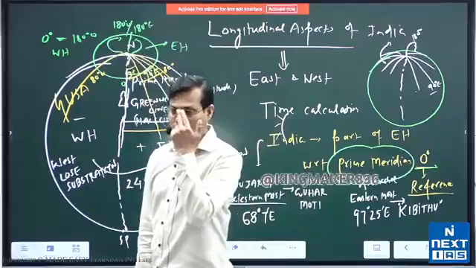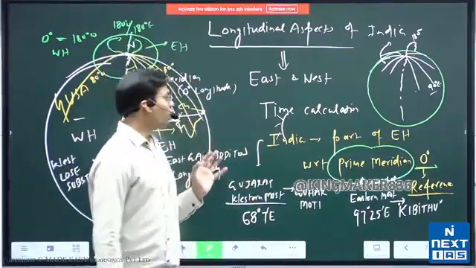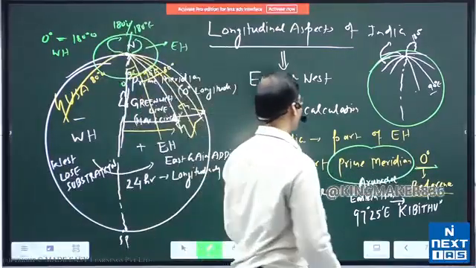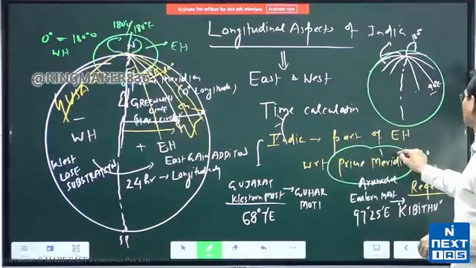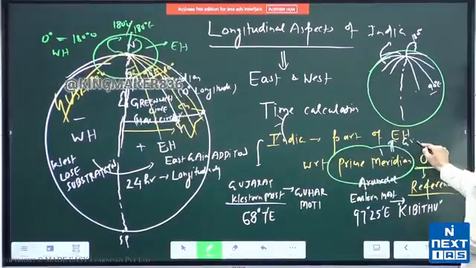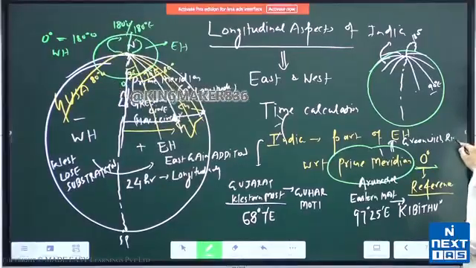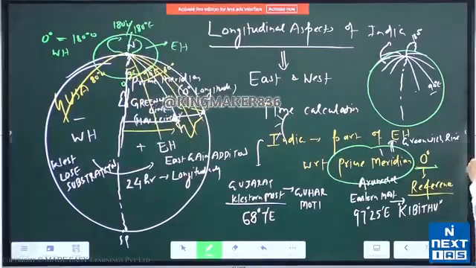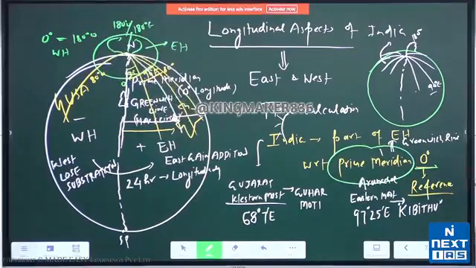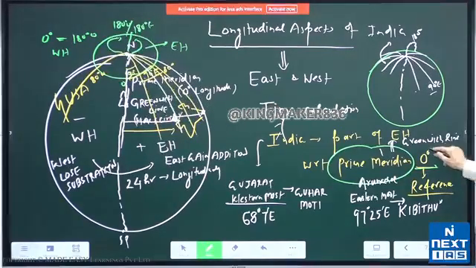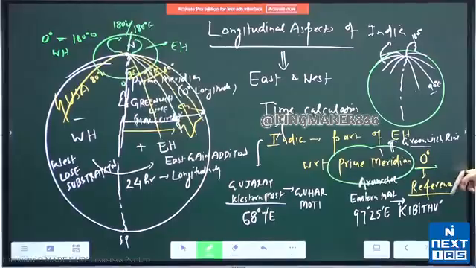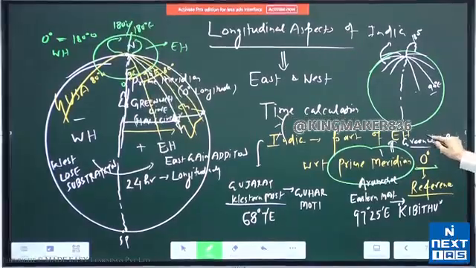For example, this famous line, the Greenwich line or prime meridian, which line also we call? Greenwich line. Then the UK purposefully enforced its culture and said, okay, once time is being discussed, then international time will be which time?